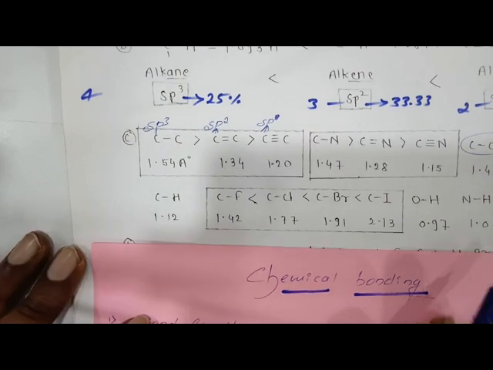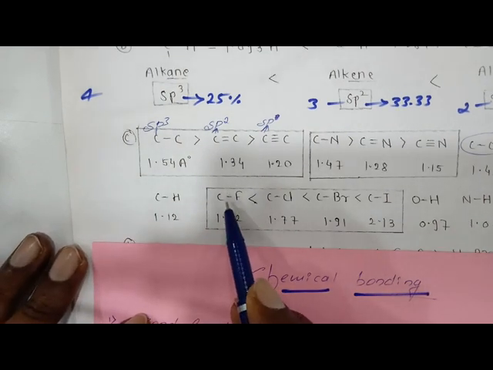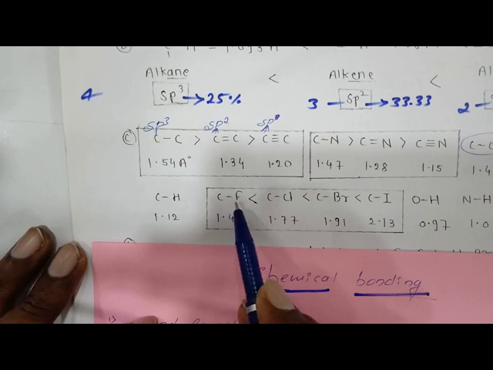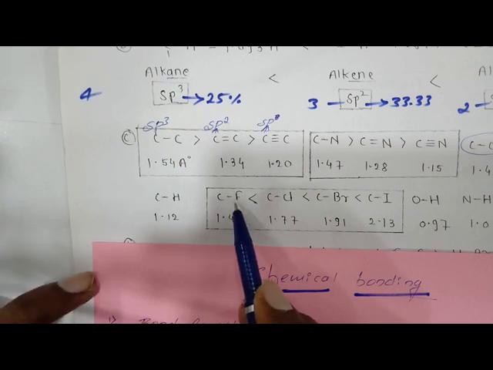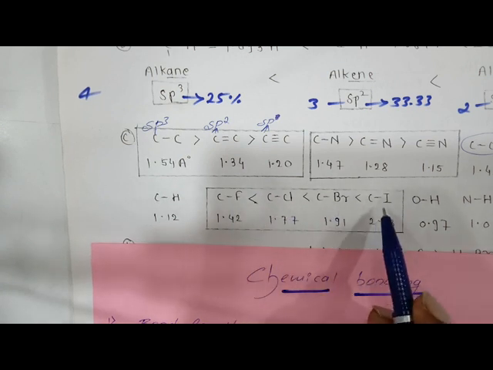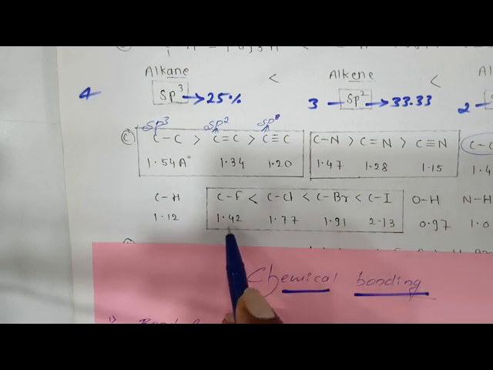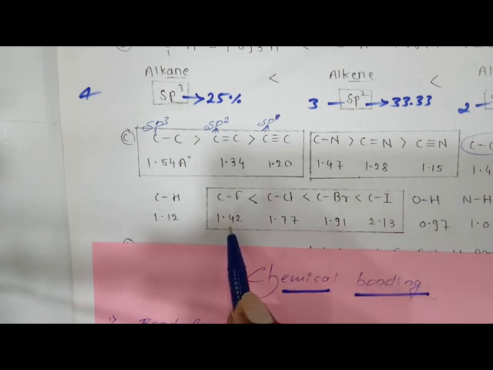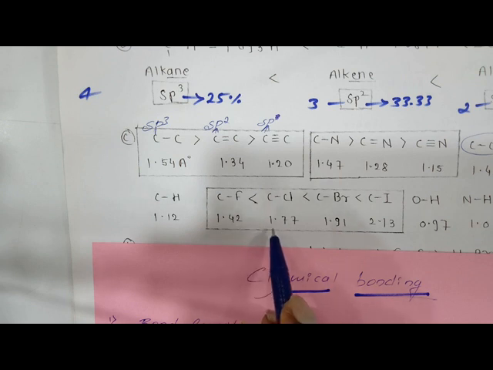Now next case: as we move from carbon to fluorine, that is the bond between carbon and halogen, carbon and chlorine, carbon and bromine, carbon and iodine, the bond lengths are 1.42, 1.77, 1.91, 2.13. In this case, bond length goes on increasing. Why does this happen?